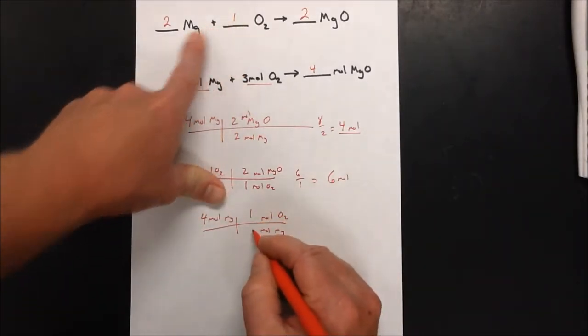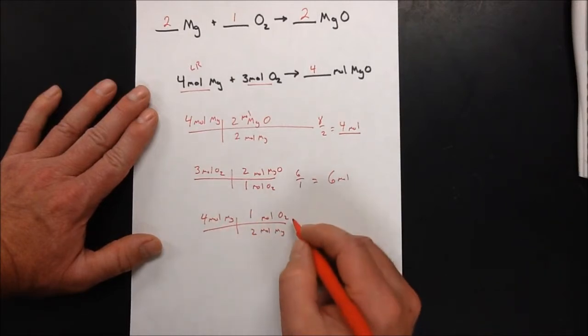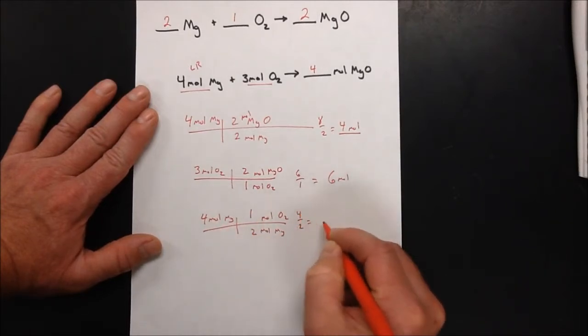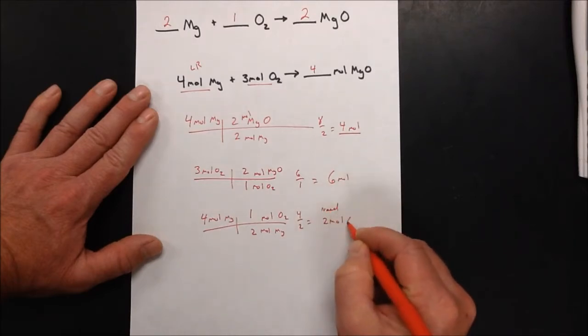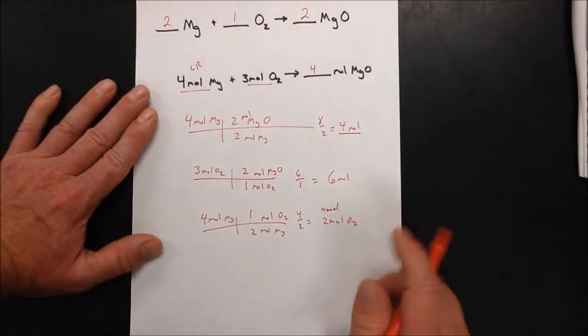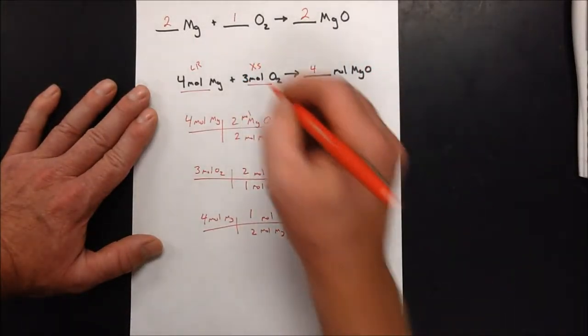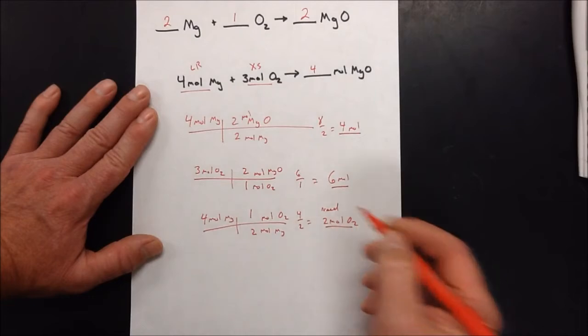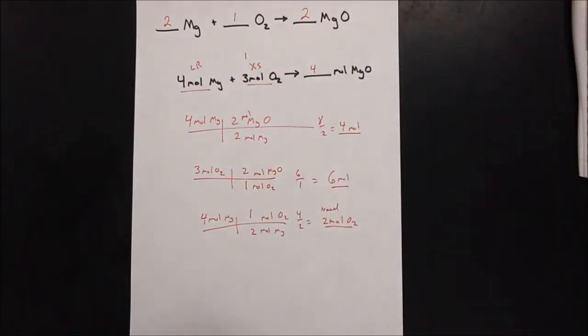Up top, 1 O2 for every 2 magnesium. 4 times 1 is 4 over 2. Tells me I need 2 moles of O2. I have 3, so not only did I identify from here that it was excess, but now here I need 2, I have 3, so I know that there's 1 mole excess oxygen once I've done this.